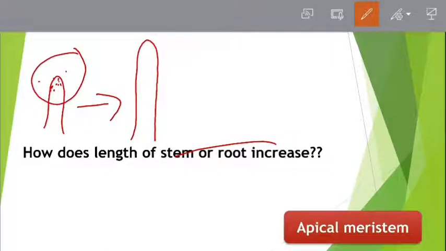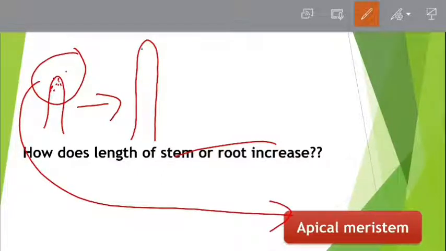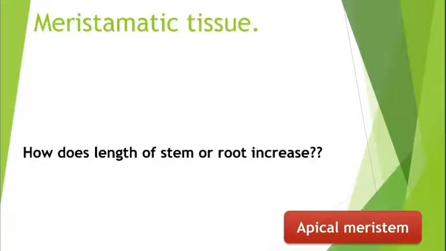These are meristematic cells, called apical meristem cells, and they will give rise to these many cells. So this is how the length of a stem increases.